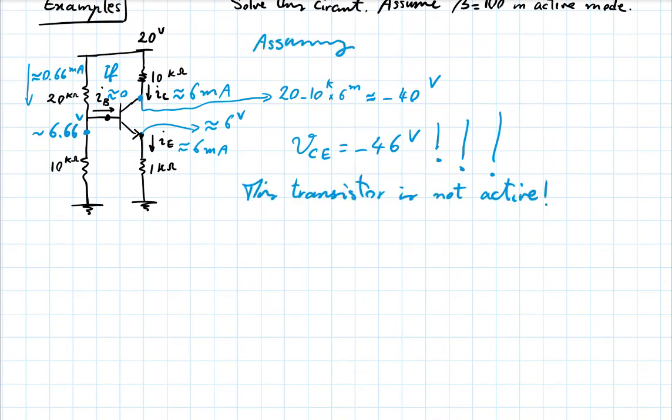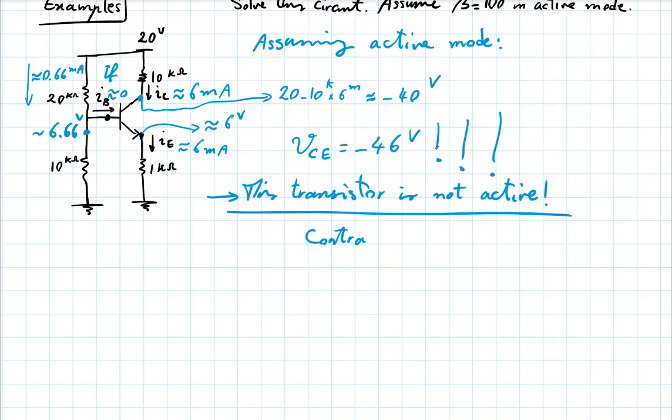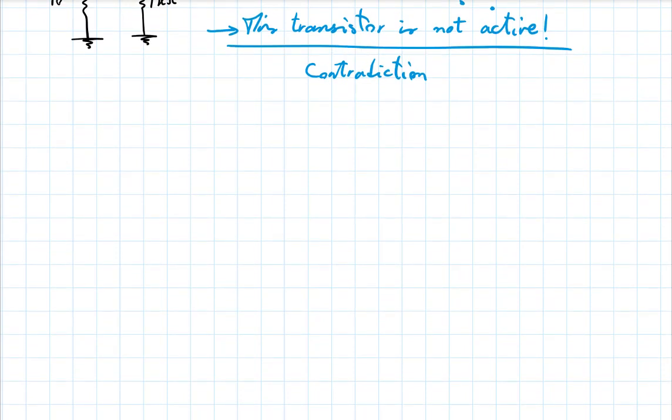First, assuming active mode, and then concluding that this transistor is most definitely not in the active mode, and so a contradiction, contradicting our assumption. Now let me redraw it with that change.